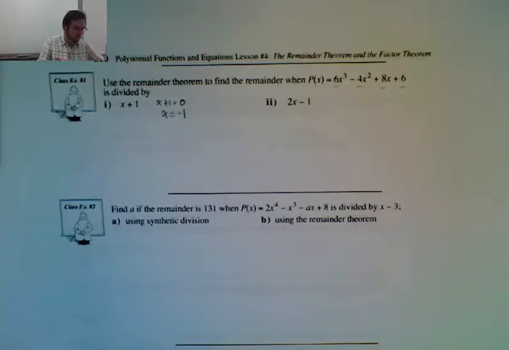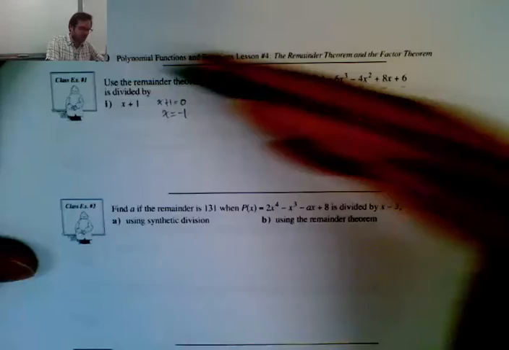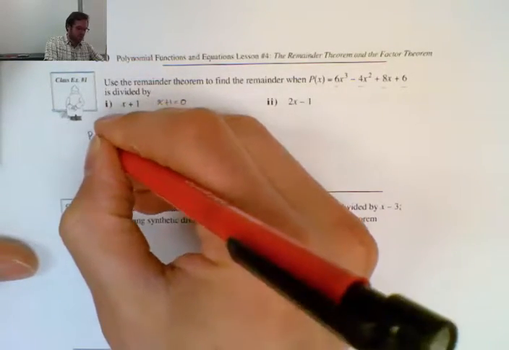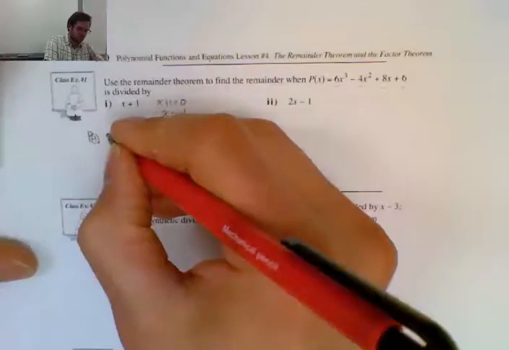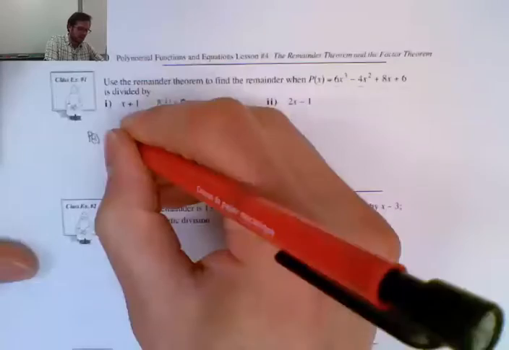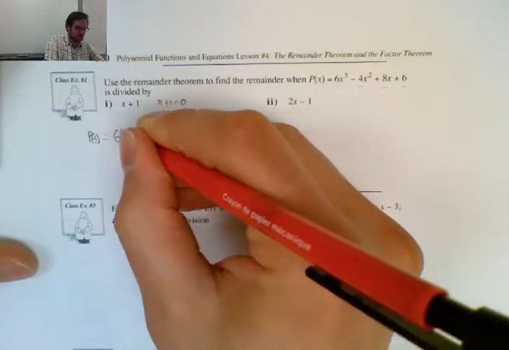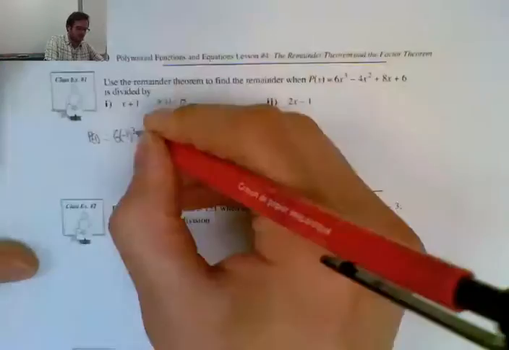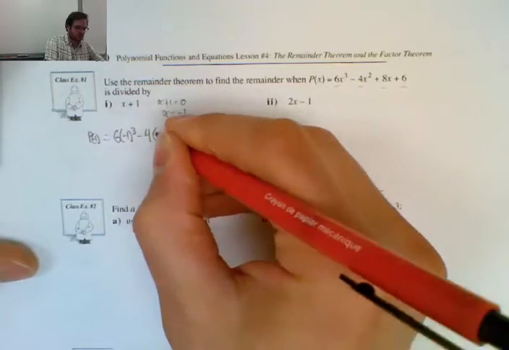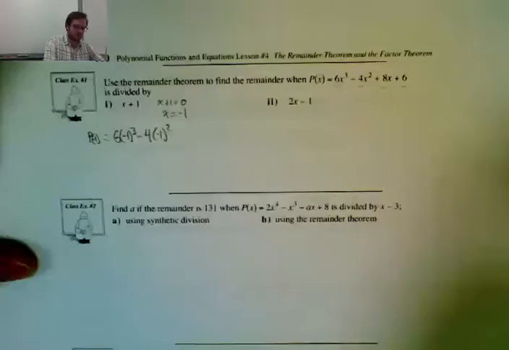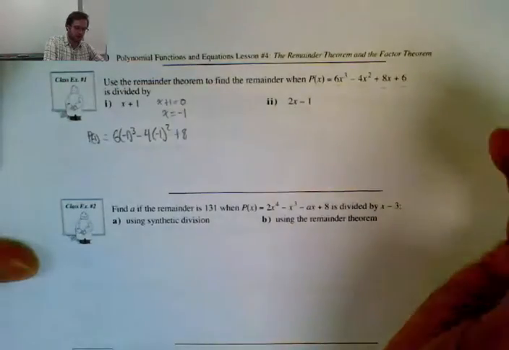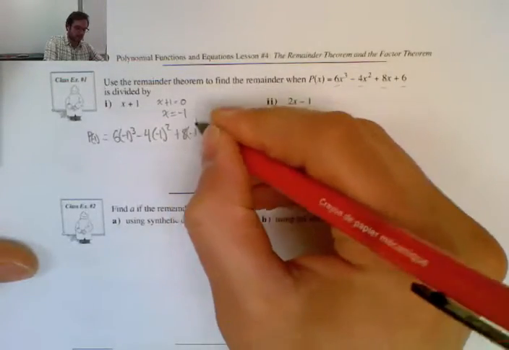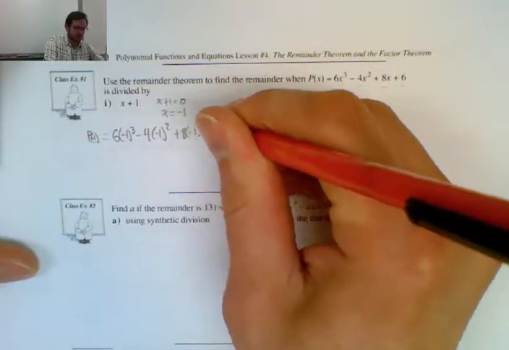Using the remainder theorem, I'm going to have my polynomial when x is negative 1 equal to 6 times negative 1 to the power of 3, minus 4 times negative 1 squared, plus 8 times negative 1, and then plus 6.